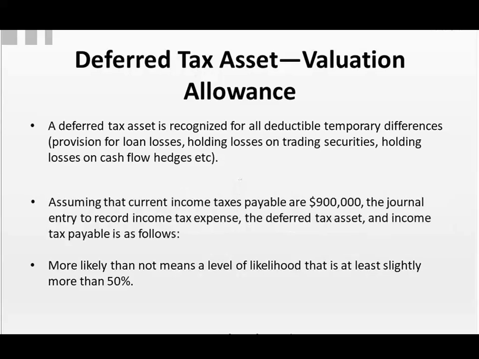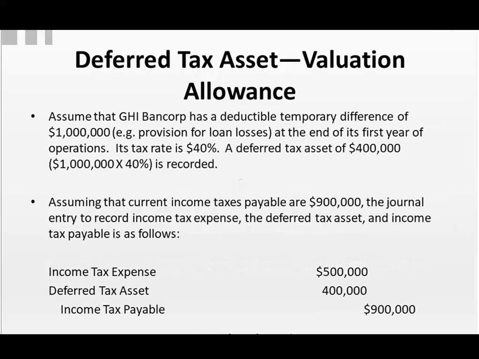Okay? Now, let's look at an example. Assume GHI Corp has a deductible temporary difference of $1 million. Again, this could be the provision for loan losses at the end of the first year of operations. Tax rate, 40%. So they'd have a deferred tax asset of 40% times the million, or $400,000. Assuming the current income taxes are $900,000, and that's a given, I'm giving you that, you'd have to make a journal entry, let's do it backwards.